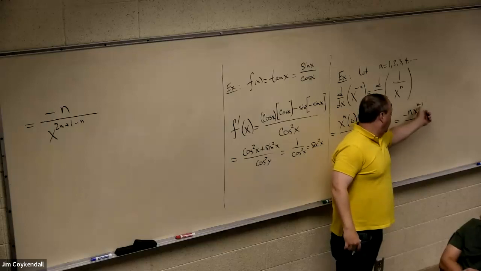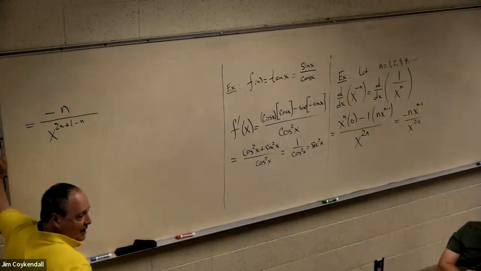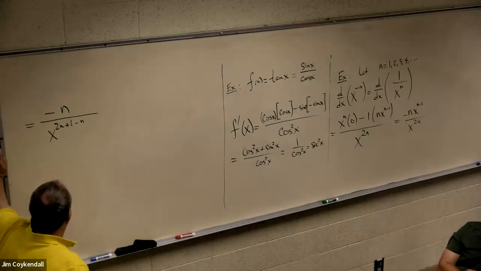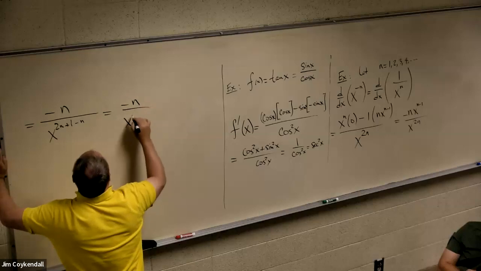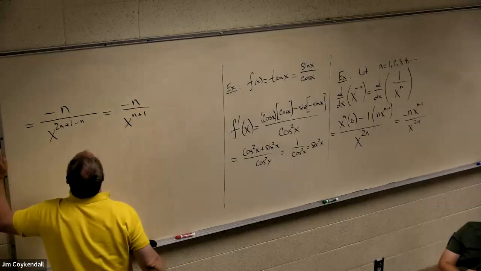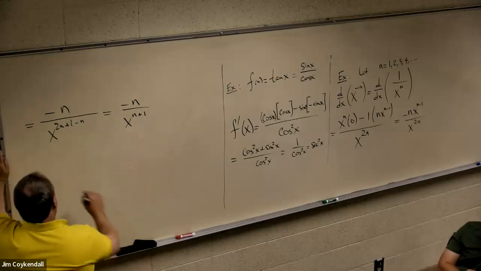So I'm going to subtract n minus 1 from the exponent down there.